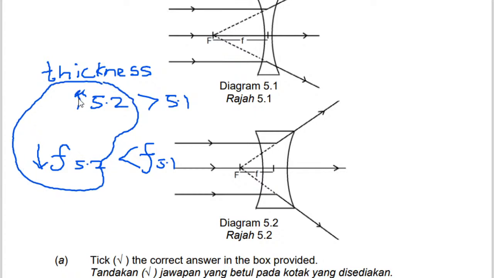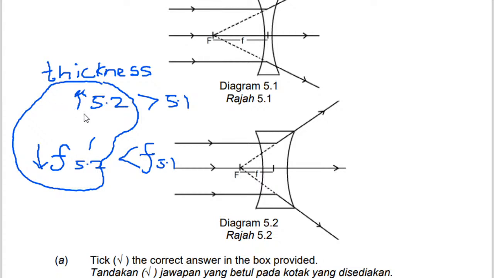You can write the greater the thickness of the lens, the smaller the focal length. Okay, so without referring to any diagram. Ataupun you can write the thinner the lens, the longer the focal length. Pun boleh.